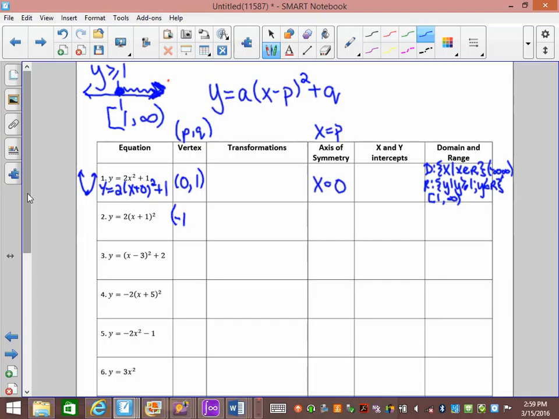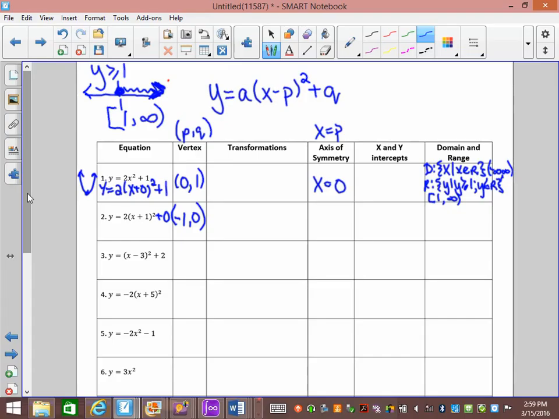And what's my q if there's nothing at the back? 0, because we can put a +0. So my vertex is at -1 and 0. If this is +1, we write -1 because it's x minus p, the formula.